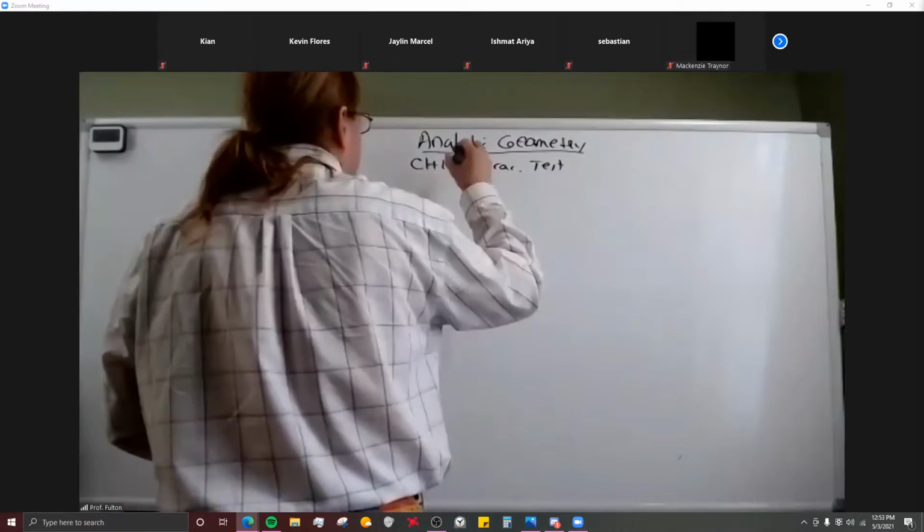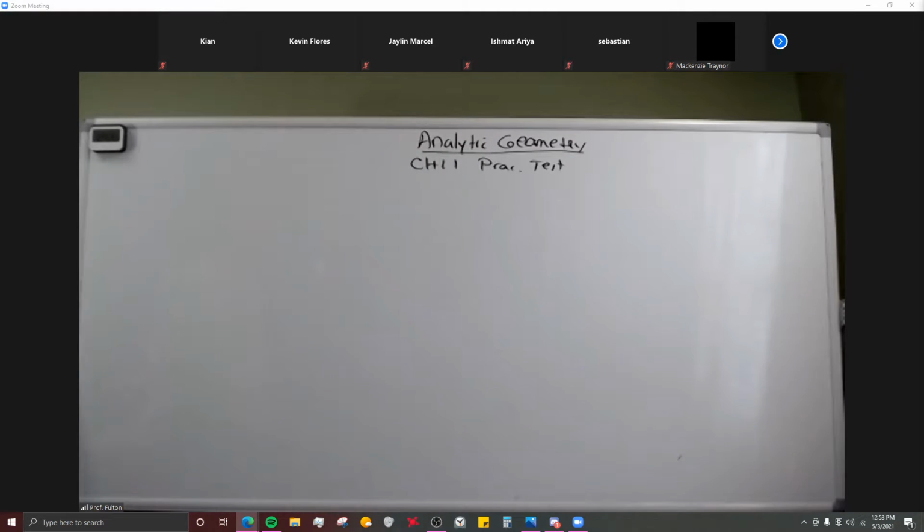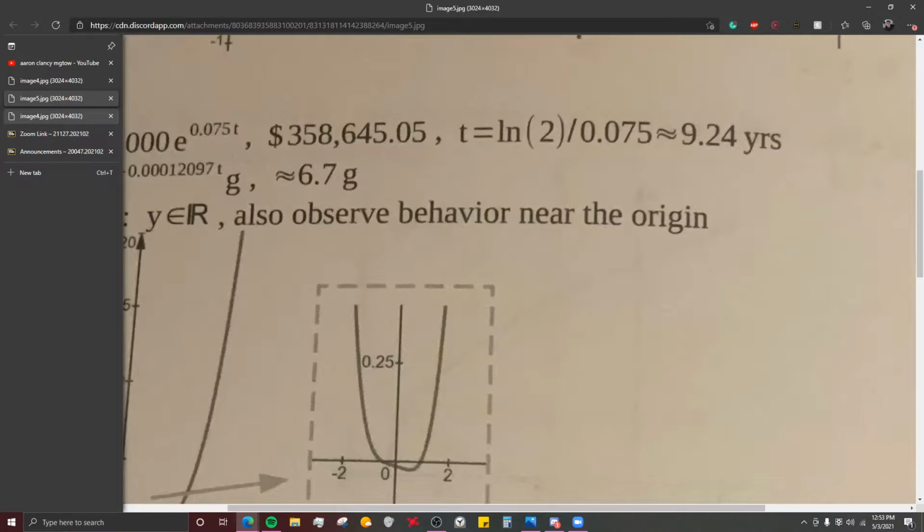Then we moved on to analyzing functions and all the different properties of those functions. So if we move on to the chapter 11 practice test, let me get to that. The different types of functions, different classifications of functions, polynomials, rationals, and we also had the trigonometric as well as the exponential and logarithmic.